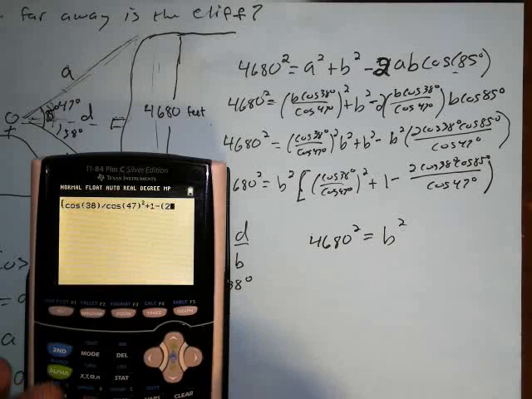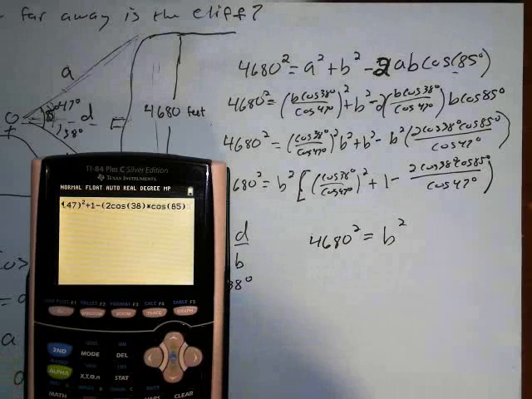and then I'm going to subtract, in parentheses, 2 cosine 38 times cosine 85 divided by cosine 47.